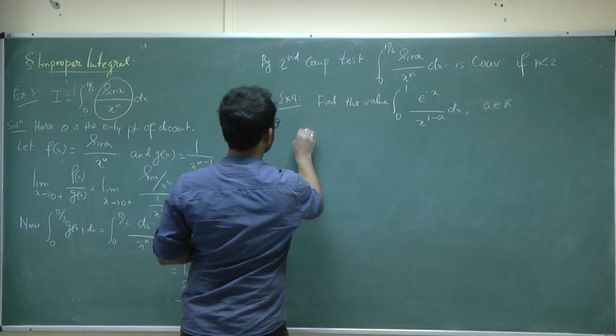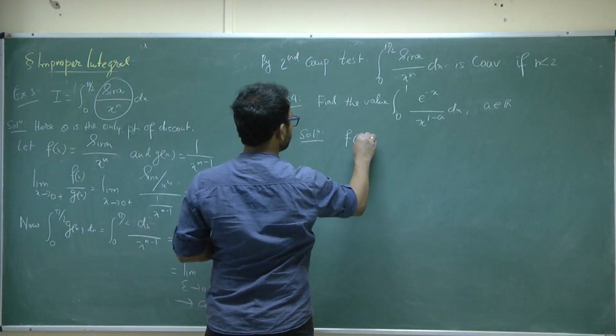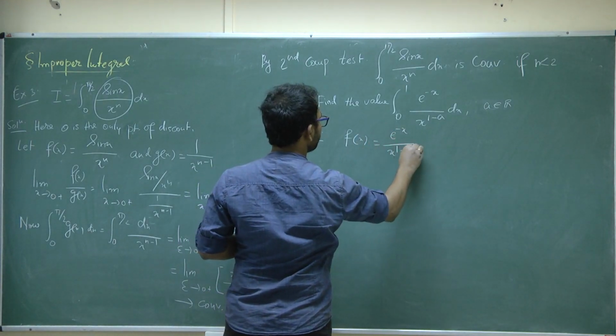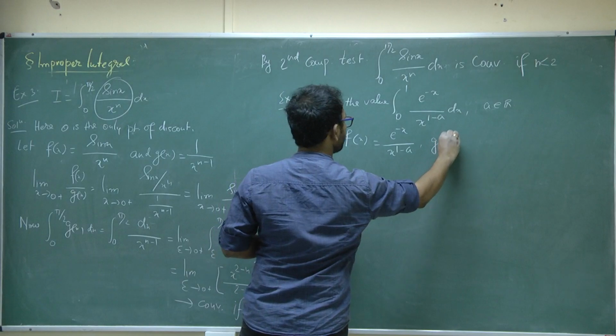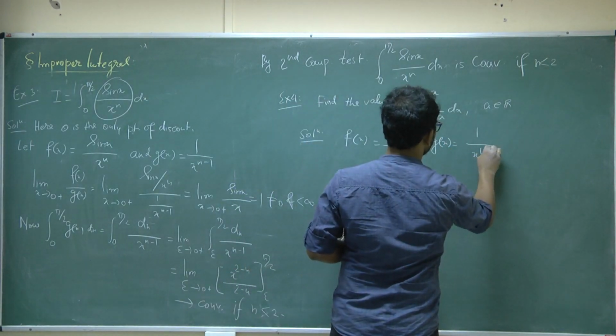Obviously, here we can take f(x) as e to the power minus x divided by x to the power 1 minus a, and g(x) as 1 by x to the power 1 minus a.